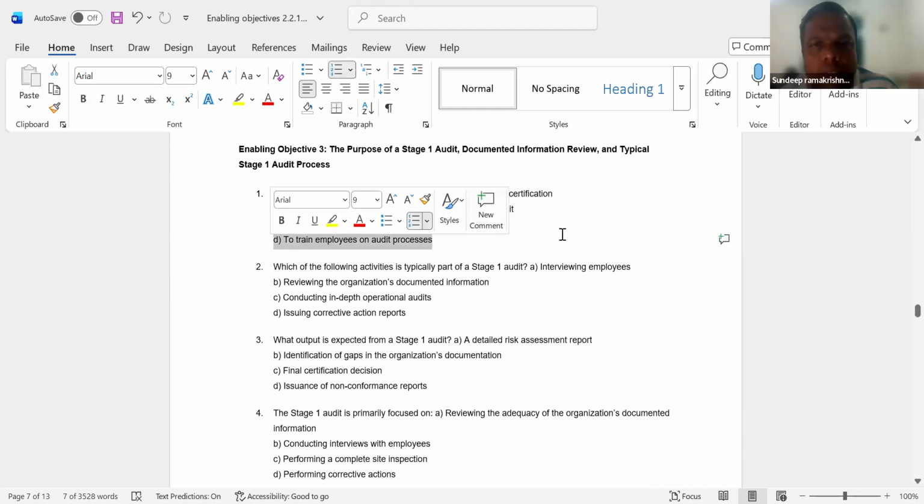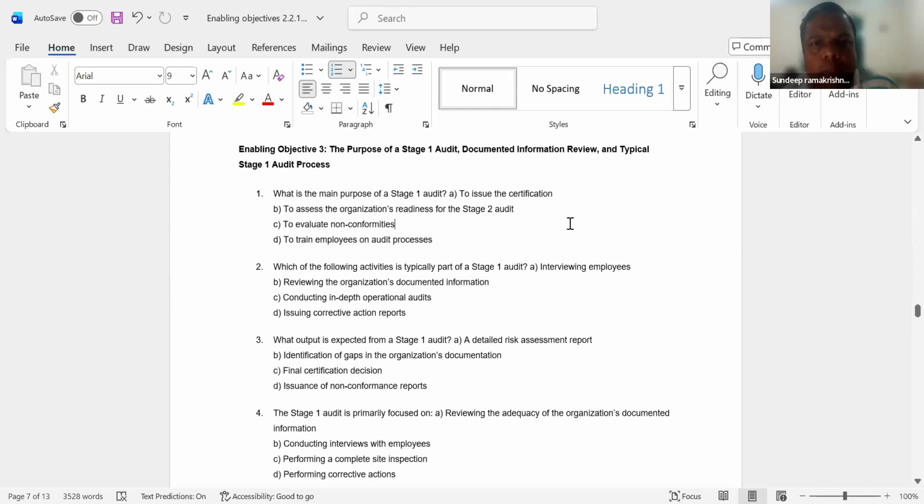See, the question is, what is the main purpose of stage 1 audit? So, are you giving an auditor some training in stage 1 audit? No. So in which stage is this option considered, or should we just ignore this option? So what is a stage 1 audit? We did a stage 1 document review audit.